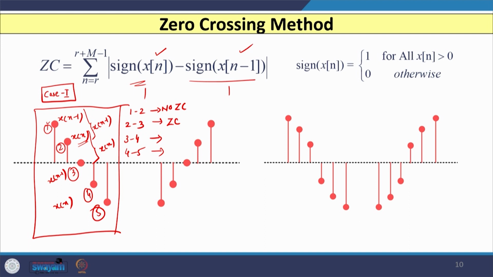Now, this is when you move from the positive to the negative side. If you move negative to positive, considering that we are taking the samples at this instant also, then also if you mark this as sample number 1, 2, 3, 4, 5, and let us say sample number 5 and 4 both are negative.